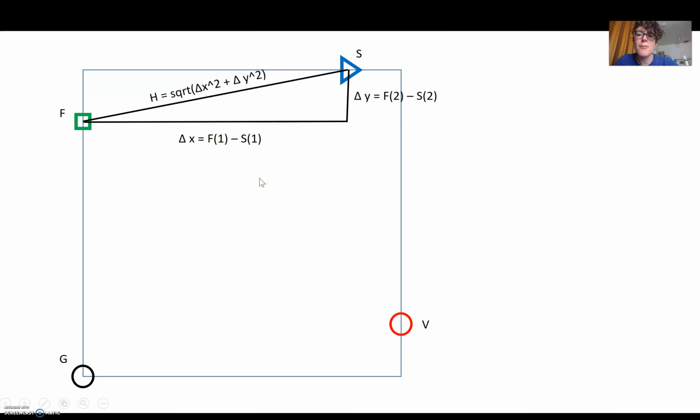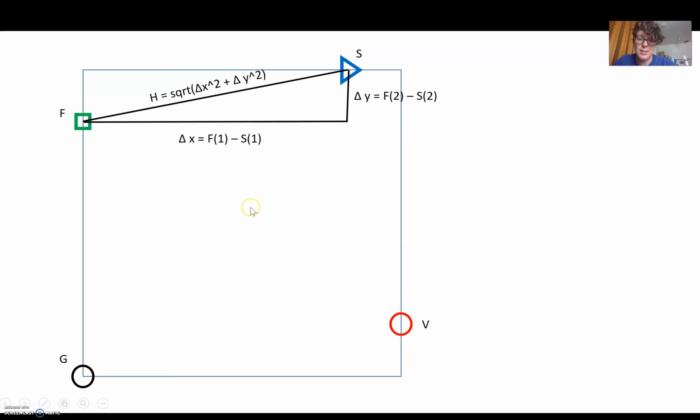Note, I put F before S because if F is to the left of S, that will give me a negative delta X, and I want S to run in the negative direction. Same with delta Y. So I have F2 minus S2. So right now F2 is smaller than S2, so I want S2 to decrease or go down in the Y direction. And here my H, or my hypotenuse, is the square root of dx squared plus dy squared.